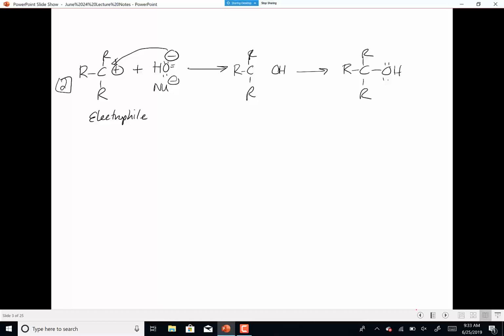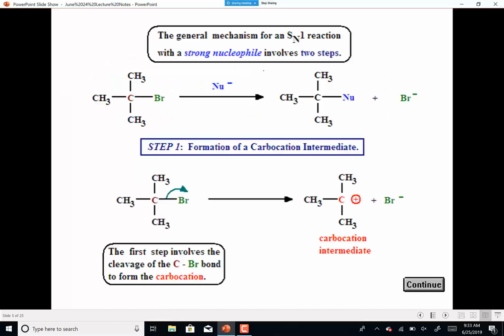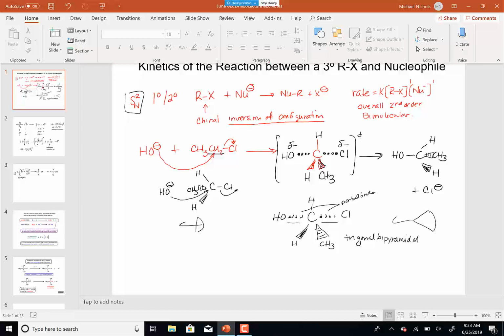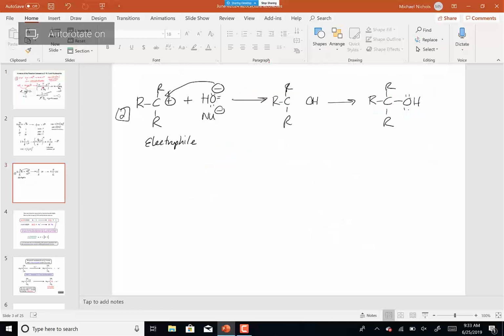Between the C and the O. So that's where the dotted line should go. So the CO dotted line, that's where the bond is forming. The OC bond is forming.